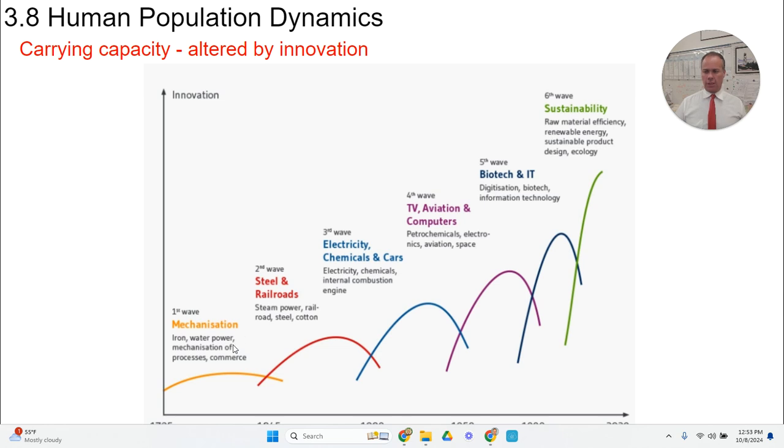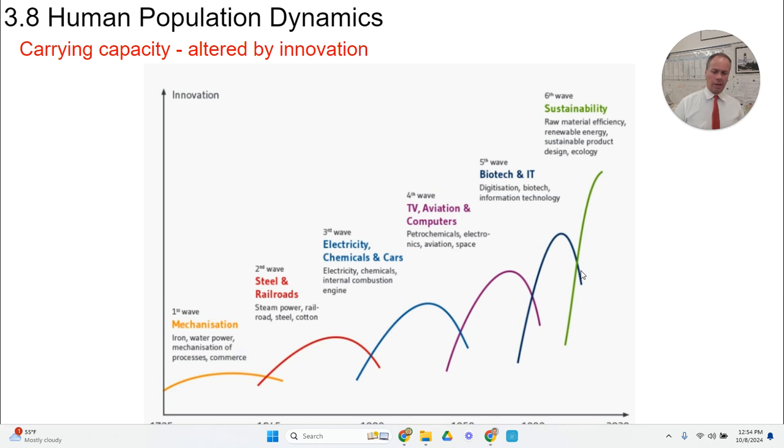The mechanization, the Iron Age, use of water, and so forth was the first wave. And then steam power, mechanical advantages, railroads, etc. Again, was another wave. Electricity, cars, synthetic chemicals, TV, computers, aviation, etc.